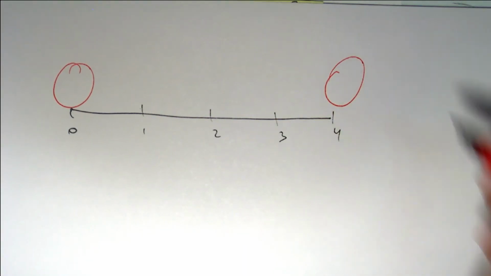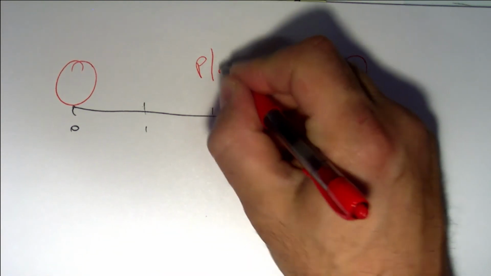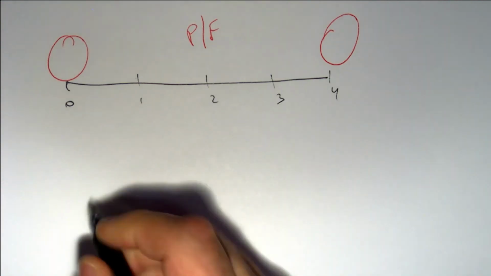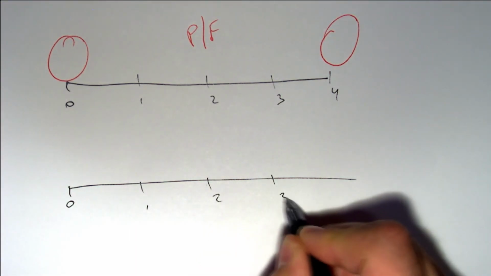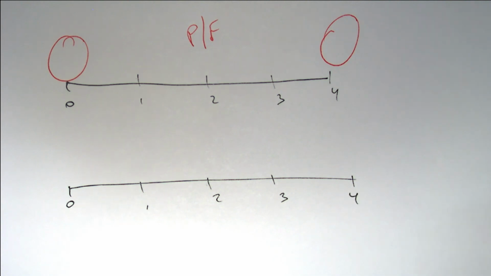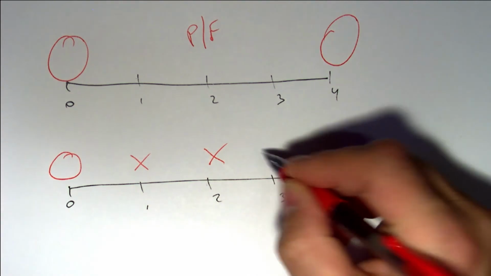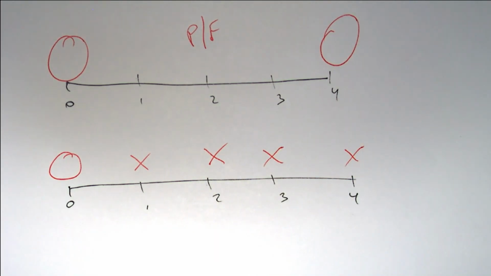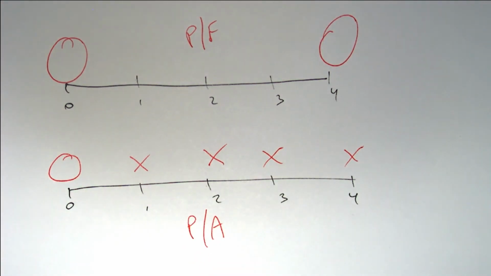If they're talking about one amount right here and one amount way in the future, that's a P of F problem. But if instead they're talking about some amount right here, and then some amount that comes at the end of each of the years, whenever you see keywords like at the end of each of, then that is a P of A problem. Does that make sense, guys?